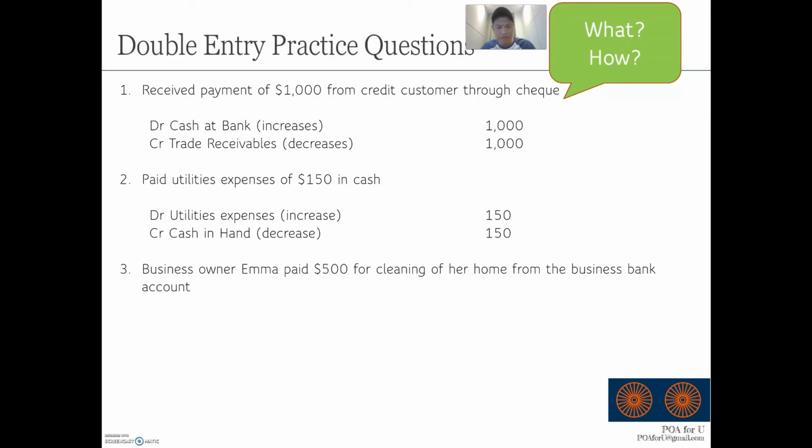Next, business owner Emma paid $500 for cleaning for her home from the business bank account. So what's happening here? Emma, who's the business owner, used the business bank account to pay for her personal home cleaning. So I don't know whether you've heard of this account called Drawings, right?